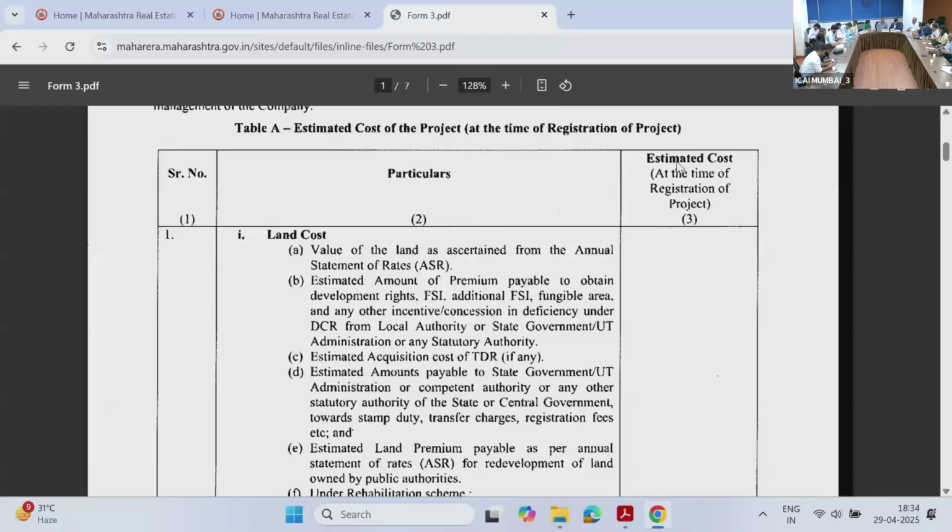Third explanation. So we are the ones who certify what is the proportion as a chartered accountant, so for that there is a system which has been given, based on that the certification needs to be done.